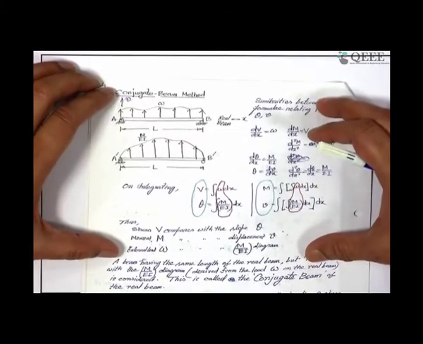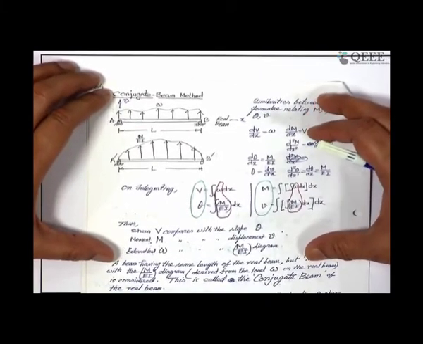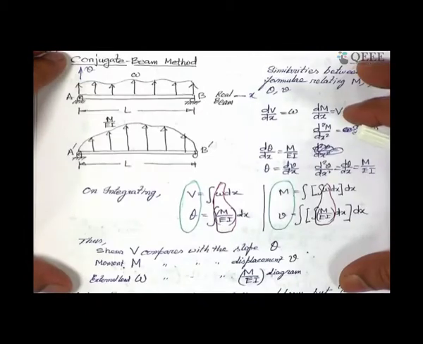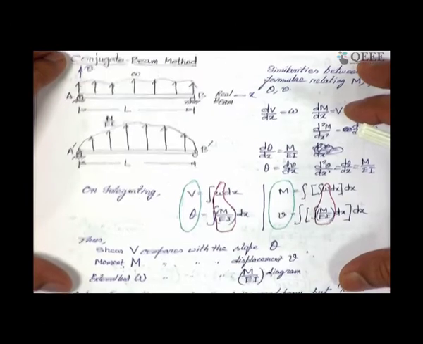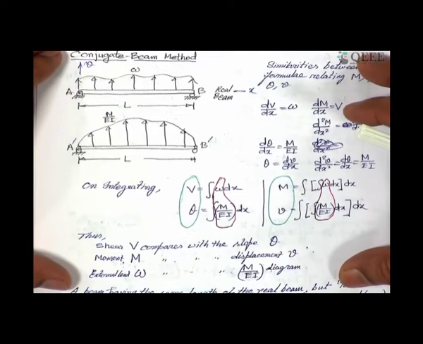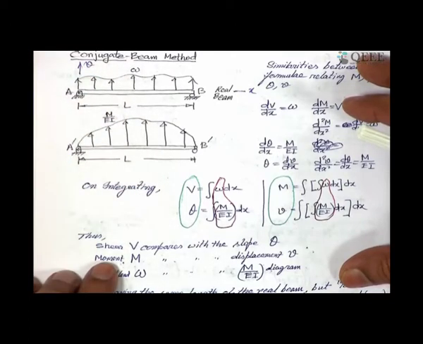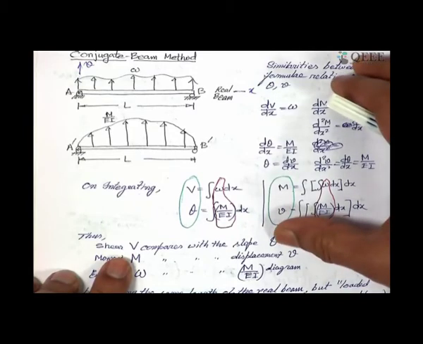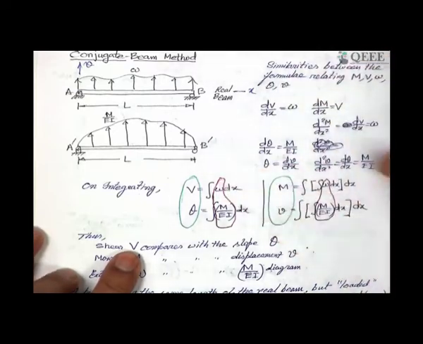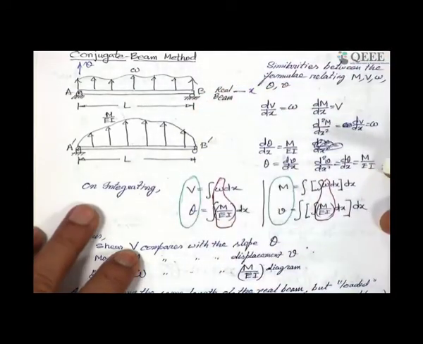If you load the beam with the M by EI diagram, as in the moment area theorem, and also take care of the kinematic conditions at the supports, then you can convert the real beam into what we call a conjugate beam. To find the slope, we find the shear in the conjugate beam.